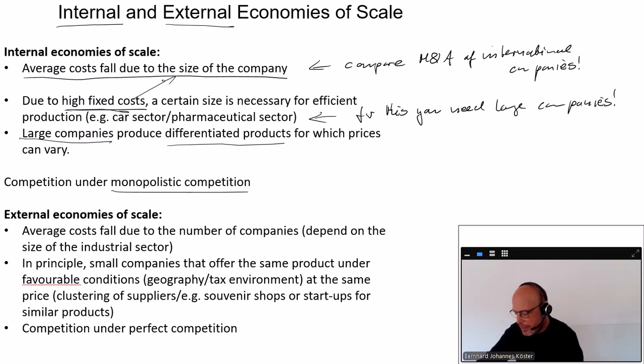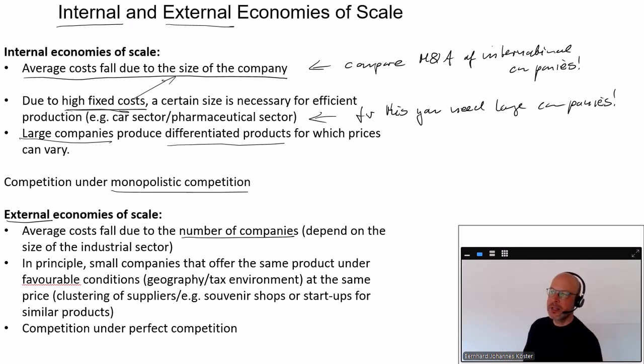And if we look at the so-called external economies of scale, we find them because there are many, many countries producing similar goods. So here, these falling average costs are due to many small countries. Where do we find this?